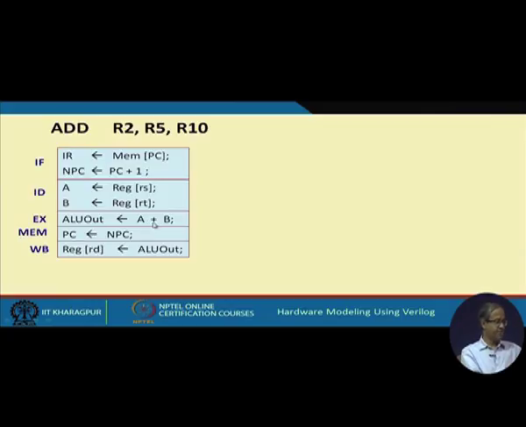So, there will be an addition operation, A plus B will be carried out, result will be stored in ALU out. Mem, nothing other than NPC goes to PC, this copying, nothing else is done. And in the write back, whatever ALU out is computed, that will finally be written to the register RD, RD is R2, right. So, in this way this instruction gets executed, these are the steps.